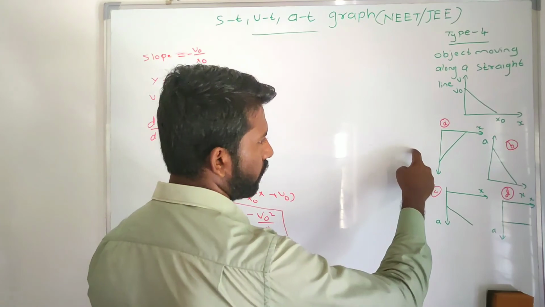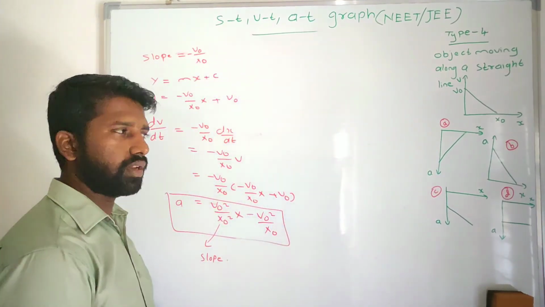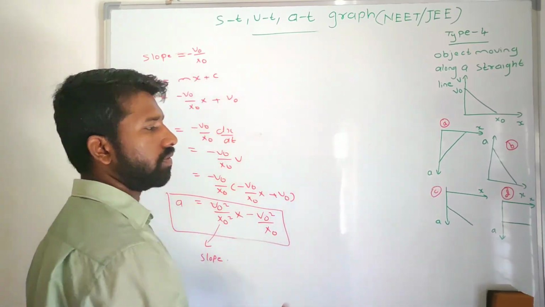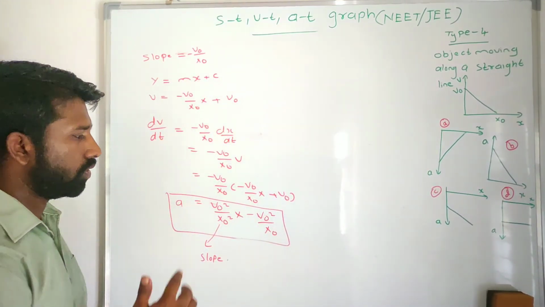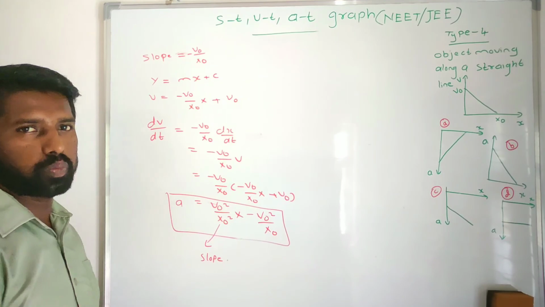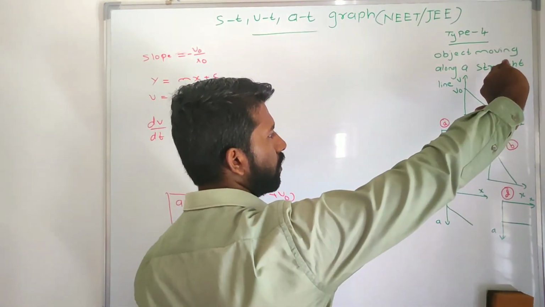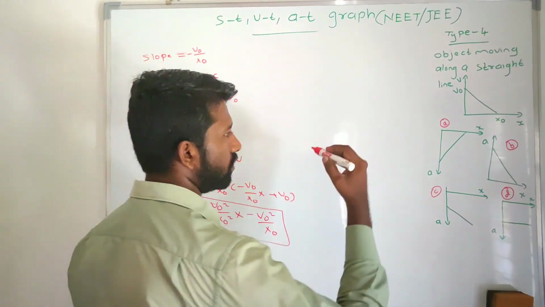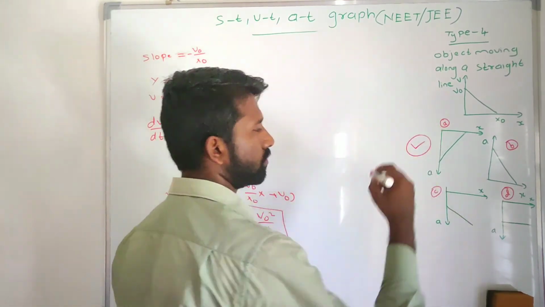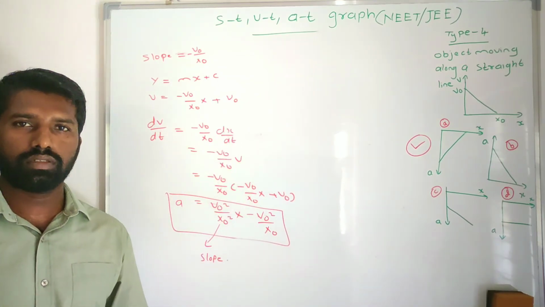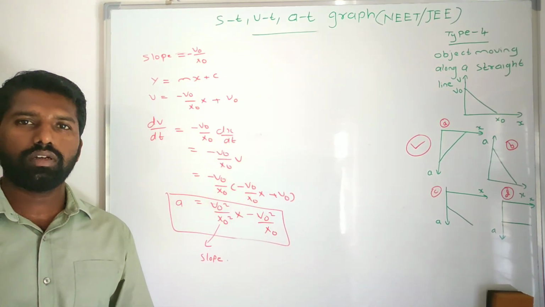There are two graphs having a negative y-intercept. This graph has a negative y-intercept and this graph has a negative y-intercept. And another thing is the slope is positive. Here this slope is negative, but this graph's slope is positive. So this is the correct answer. Option A is the correct answer for this. This is about type 4.